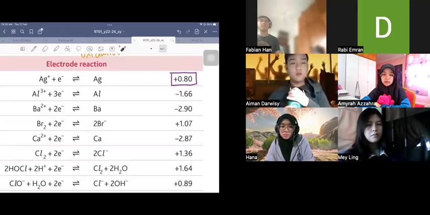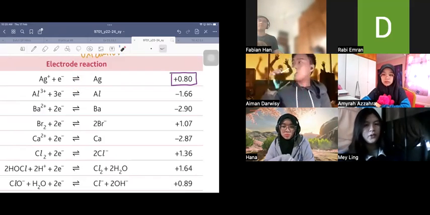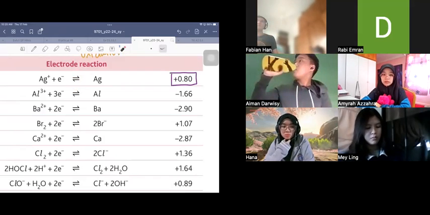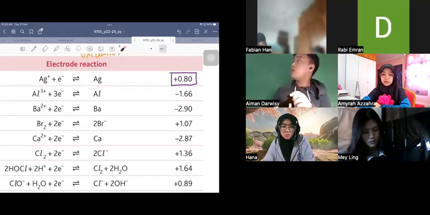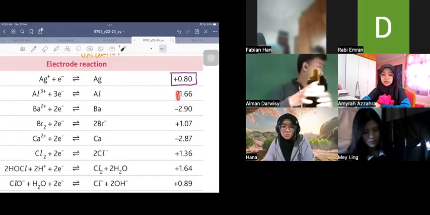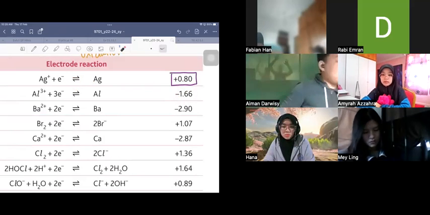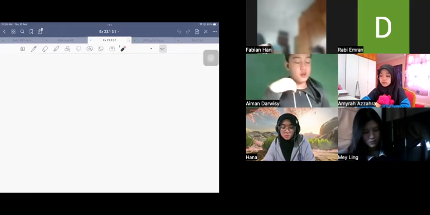So you just swap the sign depending on which reaction you are looking at. The forward reaction will be the same as listed in your data booklet, but if you're looking at the oxidation, then you just change the sign.